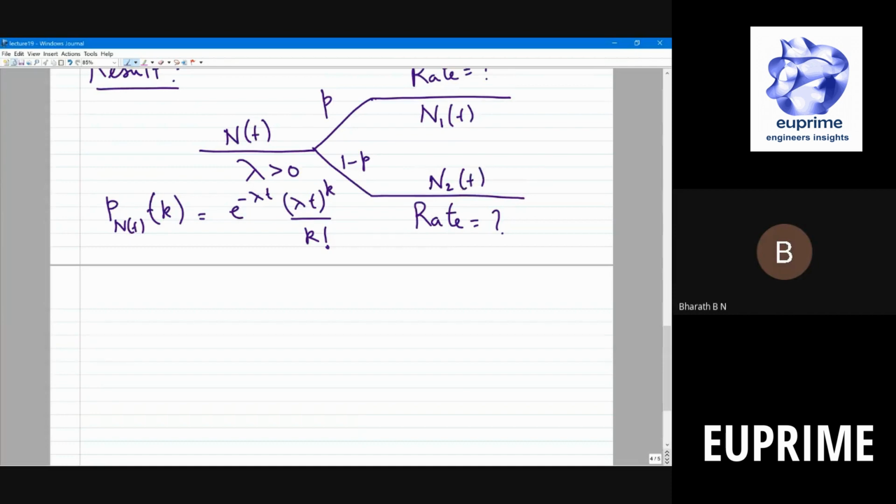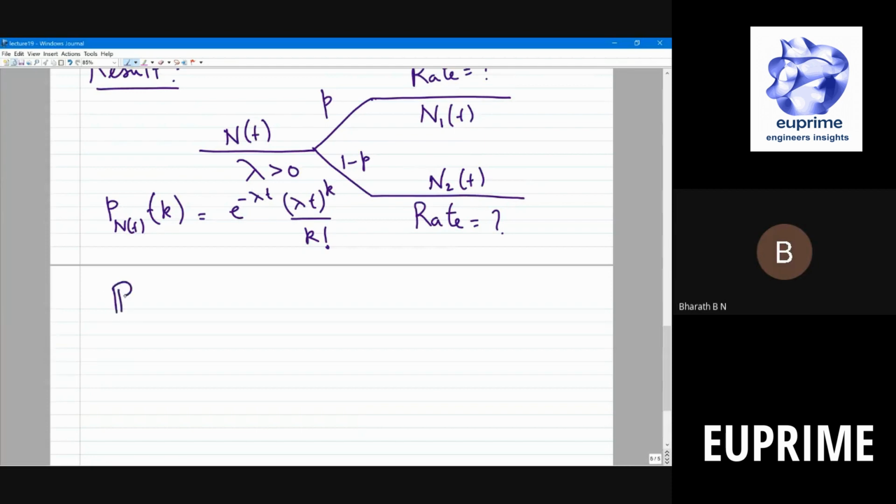Now I want to find the joint distribution of N1 of t and N2 of t, so that the joint distribution is a product distribution. That means they are independent, and not only that, each expression in the product corresponds to a Poisson arrival. So let's look at this.